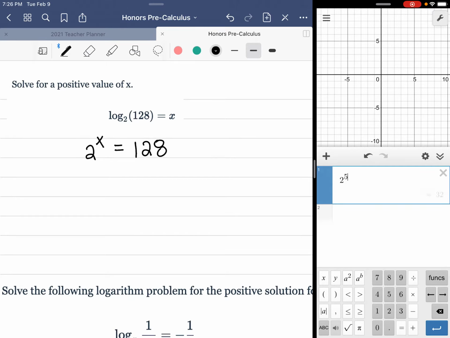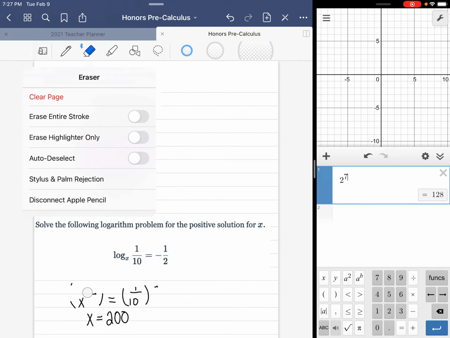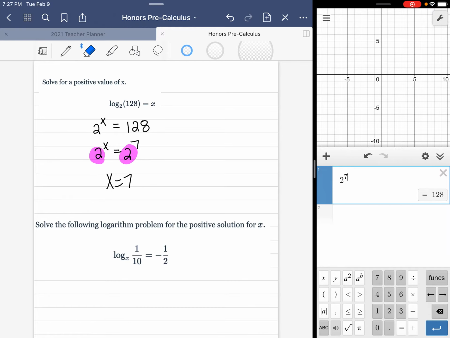So 2 raised to 2, that's not it. 2 raised to 3 is 8. 2 raised to 4 is 16. 2 raised to 5 is 32. So we're getting closer. And then we have 2 raised to 7. So 2 raised to x equals 2 raised to 7. And I can see that I now have the same base. So x equals 7.